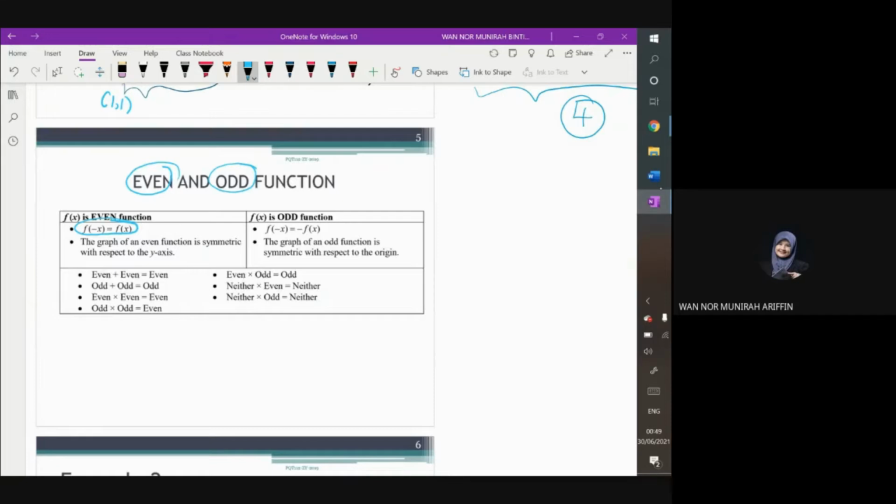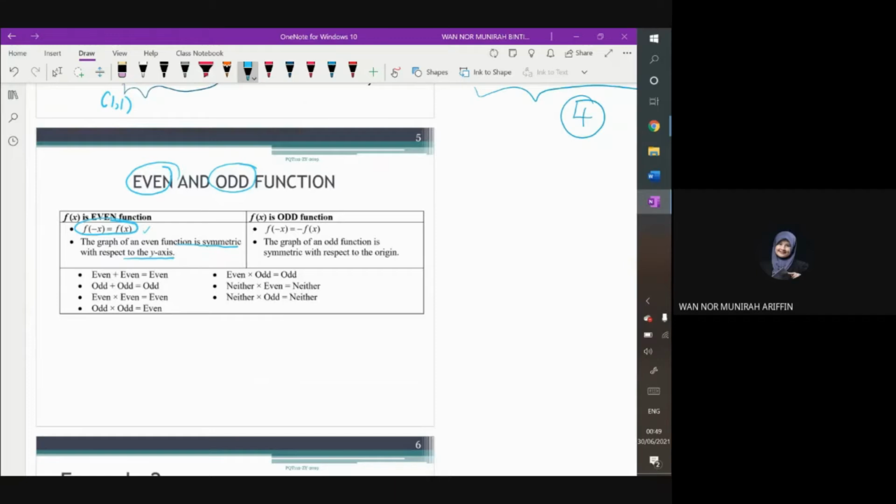If it equals f(x), then your function is even. The second one is when you plot a graph: it is even if the graph is symmetrical with respect to the y-axis.